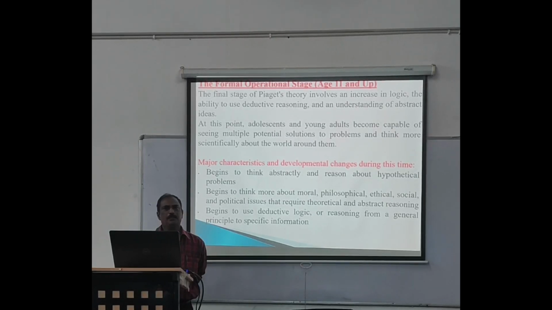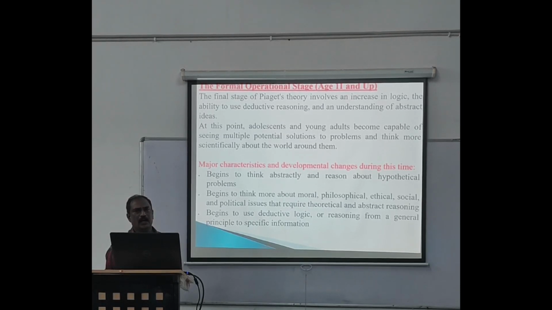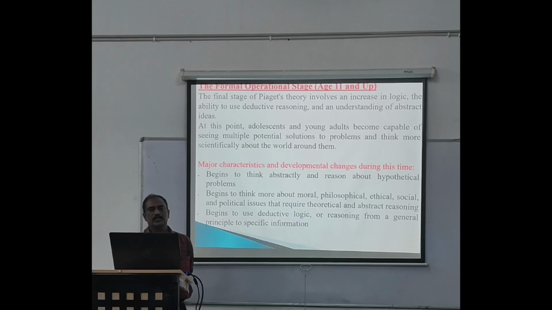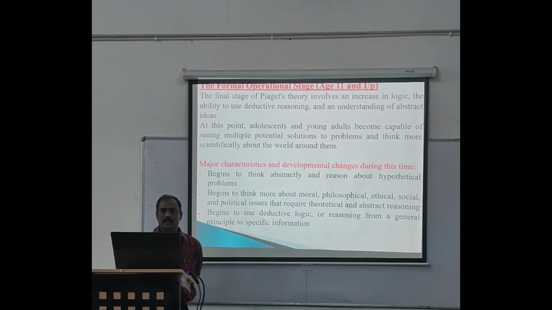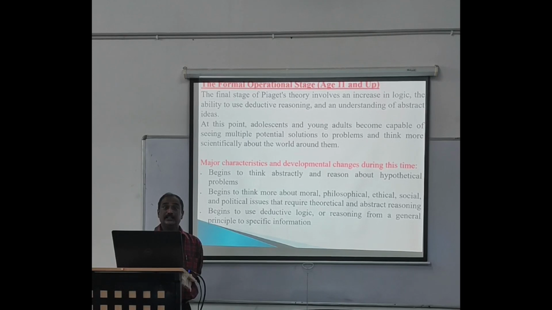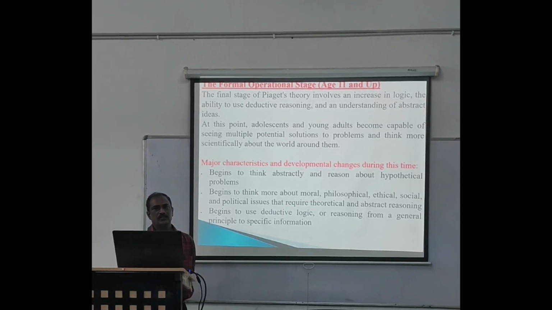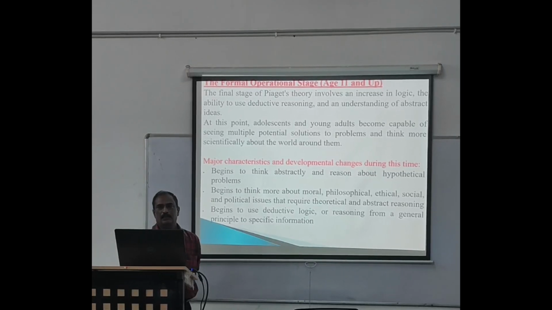In the previous stage, a learner or child uses an inductive approach, or inductive reasoning, to understand things, but in this stage the child uses deductive reasoning. It means he takes a generalization and applies it to the examples.